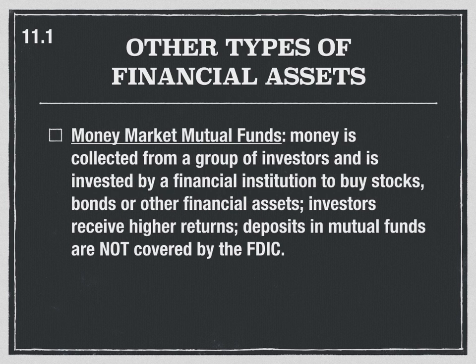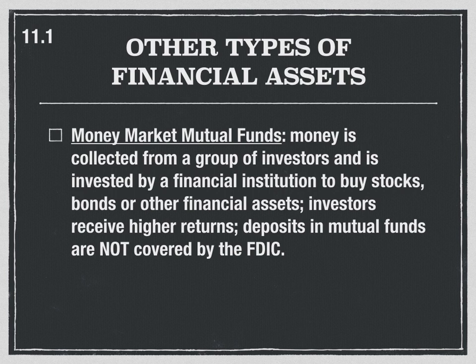The other type of financial asset we want to look at is money market mutual funds. This is where a group of investors put their money into a fund that is managed by a financial institution, typically a bank of some sort. That institution buys stocks, bonds, other assets on behalf of this group, but the group only gets the payout. They get their original investment plus the payout.